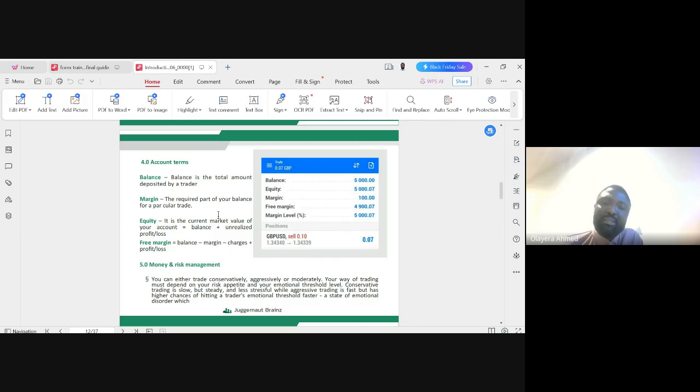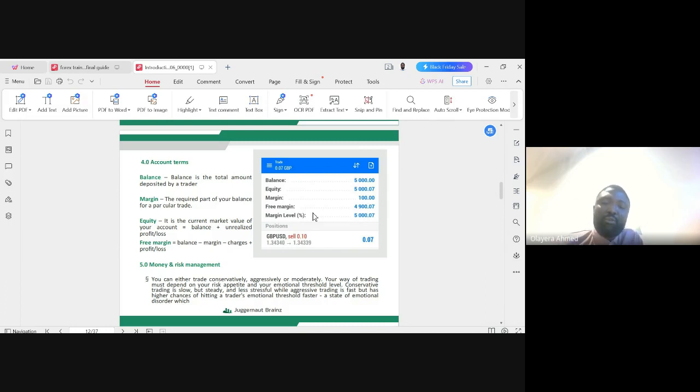They continue to take from your free margin. Free margin is the money that will remain, that you can use for other trades or to cover you in case you lose your margin.